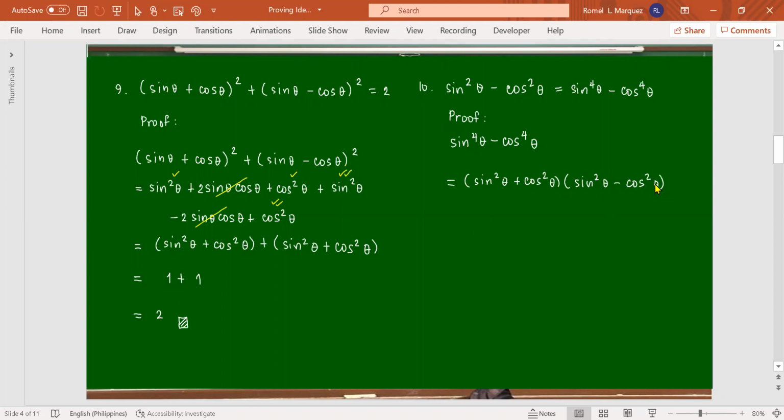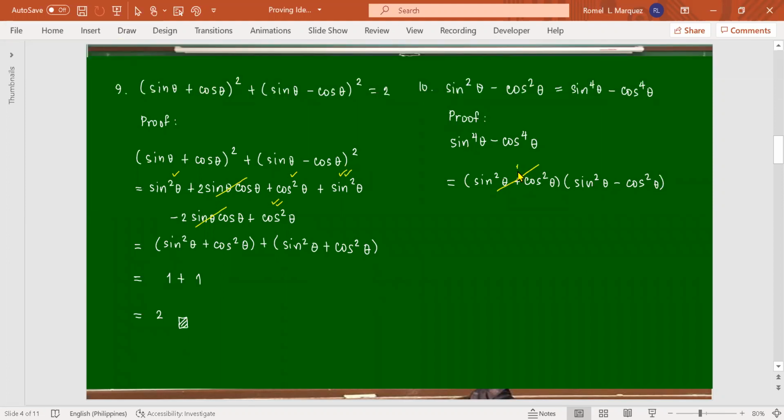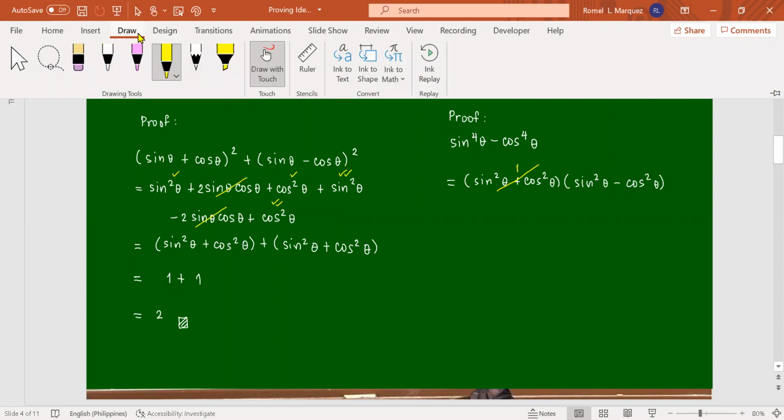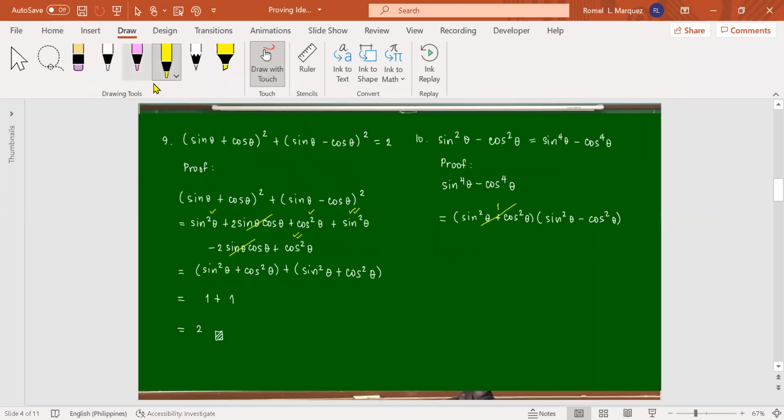Okay, that's it. So this is famous, no? As famous as Isaac Newton, no? Yeah. So finally, we have sine squared theta minus cosine squared theta. Okay, we're done. This is very easy, no?